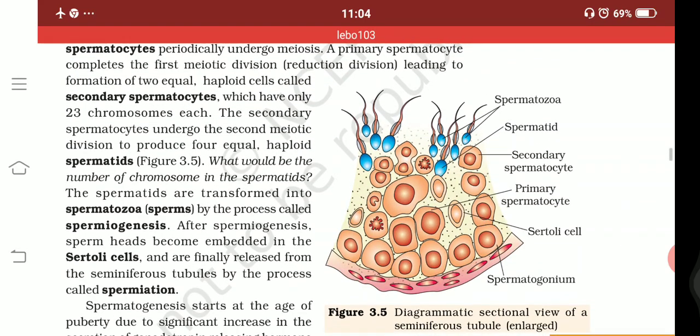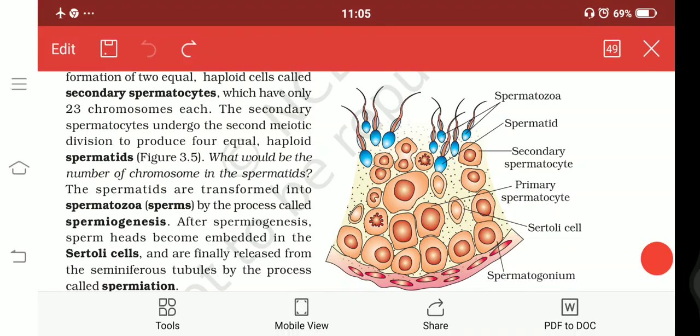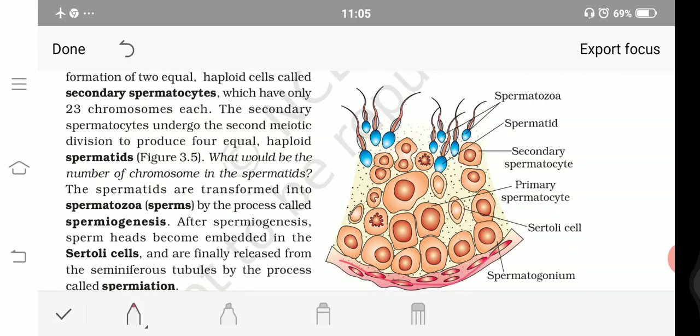This is an exact structure which easily helps us in describing how male gamete formation takes place. You can see here, this is the basal layer, from where the supply and support for the growth of cells takes place.